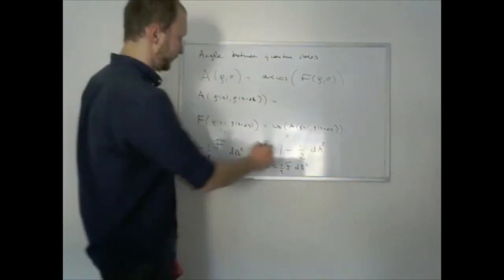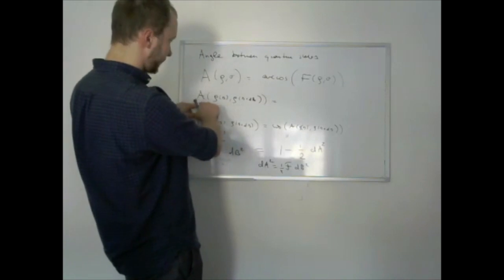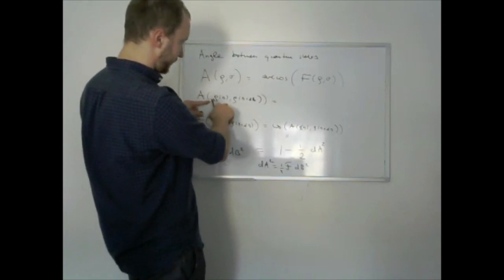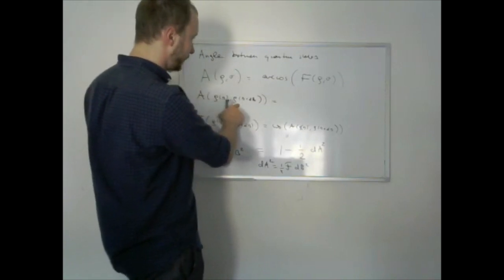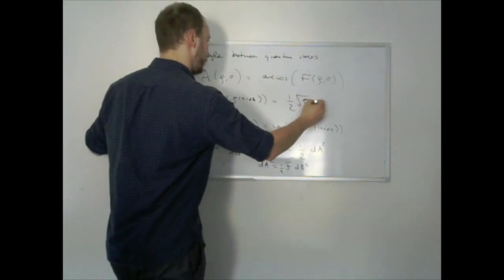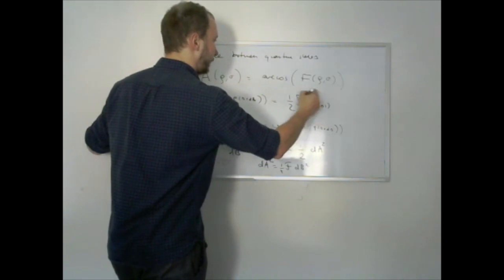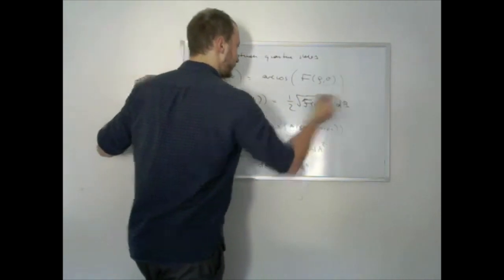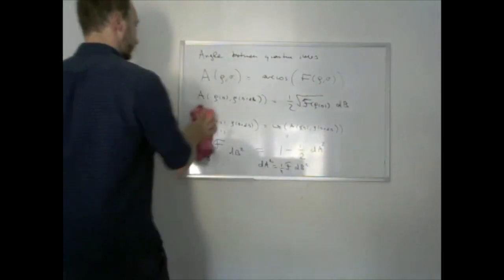In other words, we take the square root. So for neighboring states on our curve, the angle is just equal to 1/2 square root of the Fisher information of the state times dB. Okay, very nice.